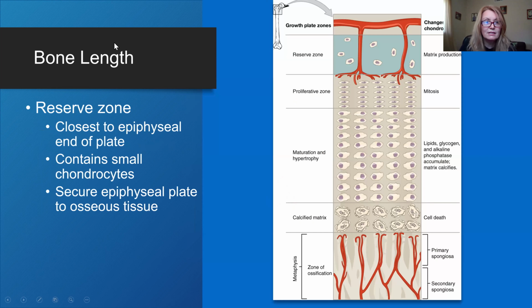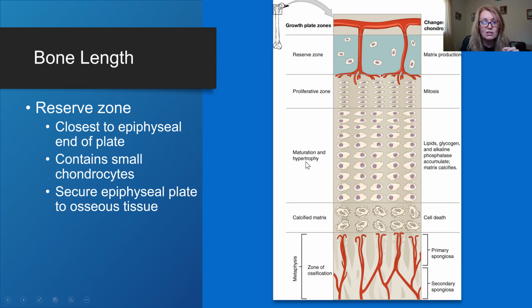When we look at this epiphyseal plate, here's the representation of the plate. It has several zones. Here's your cartilage, right, with chondrocytes. Those chondrocytes start dividing and they form proliferation zones. You can see how they divide by mitosis, forming more and more cells, so obviously the structure is getting thicker.